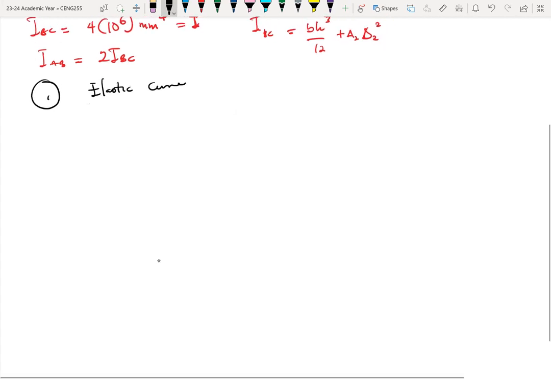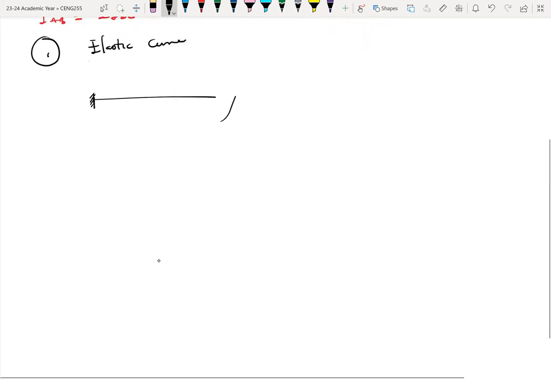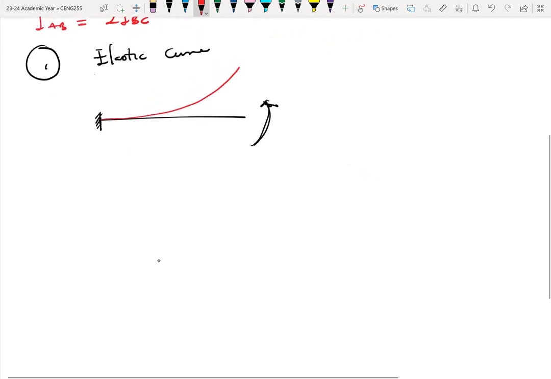I'm using the line method to just draw the beam, and I have a load causing an anticlockwise rotation about that point, so your beam is going to deflect upwards. The deflection, whether upwards or downwards, is basically influenced by the direction of your load.